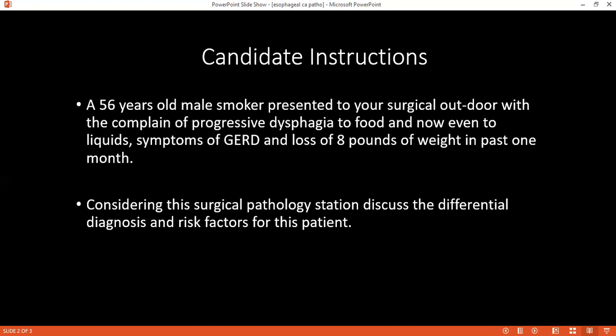If you come to know that it is grade 2 esophageal carcinoma, what are the management options that you can offer to the patient? Ma'am, grade 2 is a moderately differentiated type of carcinoma. Depending upon whether metastasis is present or not: if there is systemic metastasis, then we'll go for palliation.